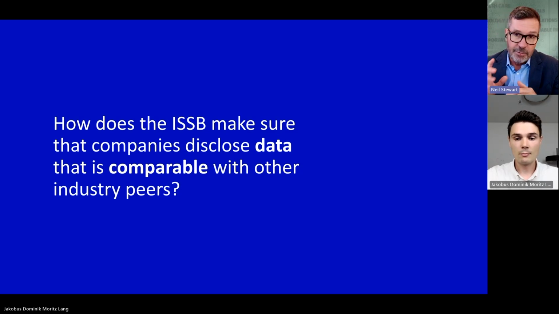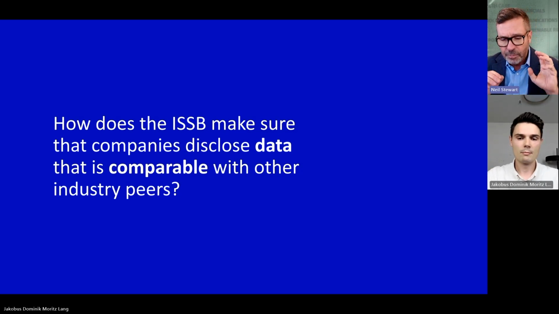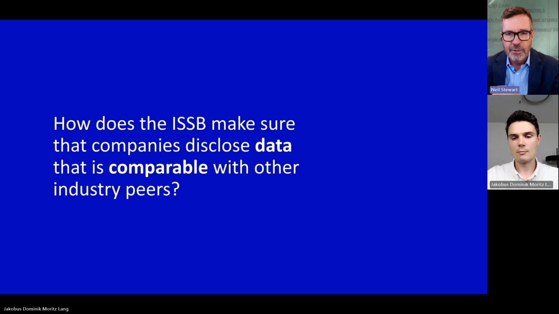And we're doing this by, first of all, starting with a focus on 12 key industries that we see the most need to focus on. So that would be to start with all eight industries in extractives, so oil and gas and mining and so on, and then electric utilities, and finally, potentially also doing 3 industries under food and beverage. That's processed foods, meat, poultry, and dairy, and agricultural products.